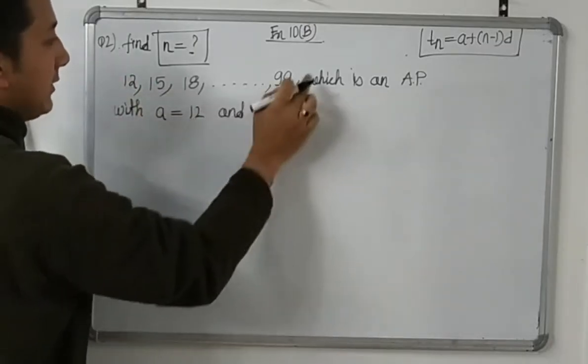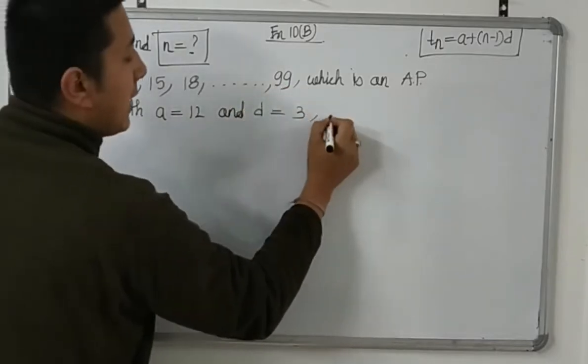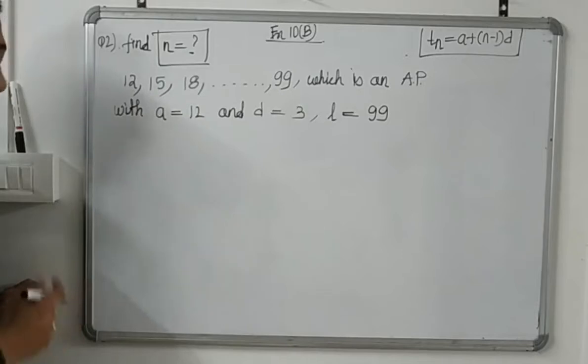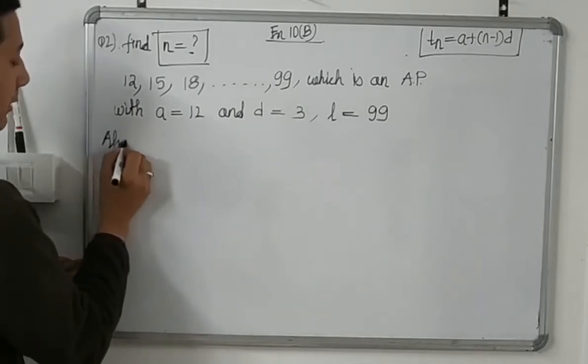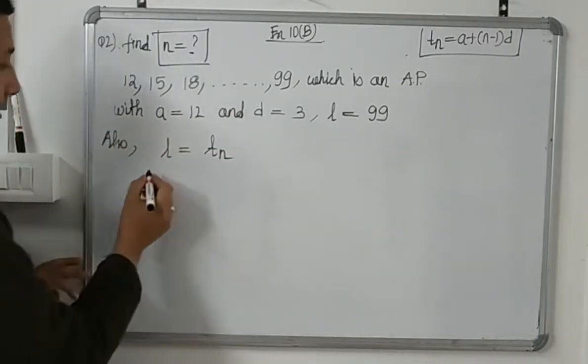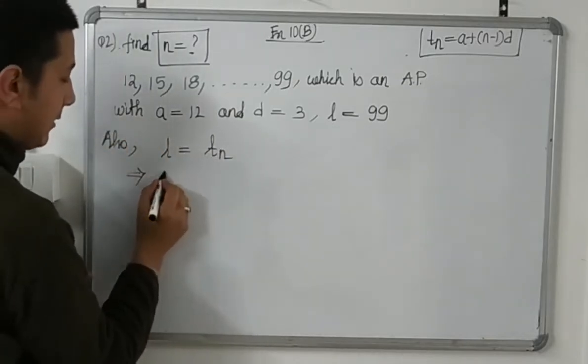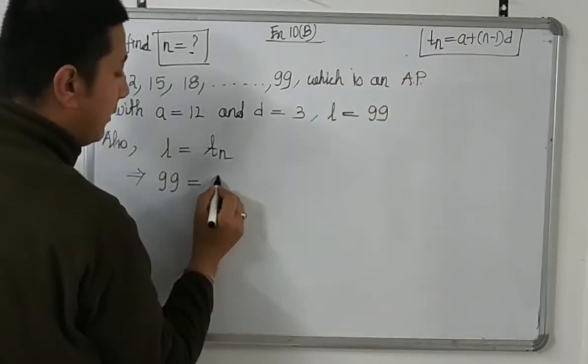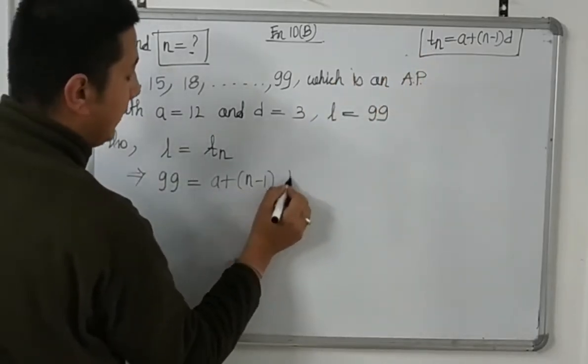So here, this is an AP, and the last term is 99. Also we know the last term is also equal to the nth term, isn't it? So therefore I can also write last term 99. And what is the value for Tn? The same formula, a plus n minus 1 into d.